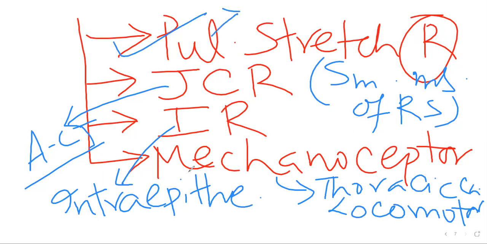It is related with our Hering-Breuer inflation reflex, and it is very important to understand what the Hering-Breuer inflation reflex is. Now again, we have to draw the diagram of the respiratory system that I have already drawn previously. So suppose this is our central nervous system area, and here of course we have the pontine area and the medullary area.